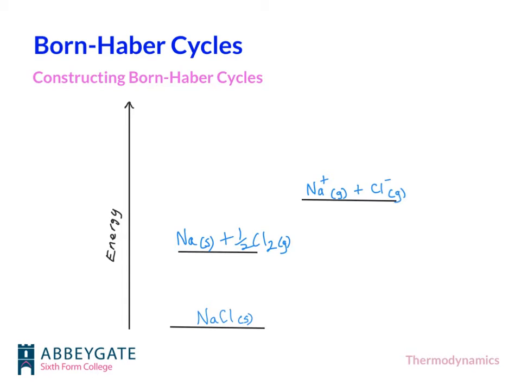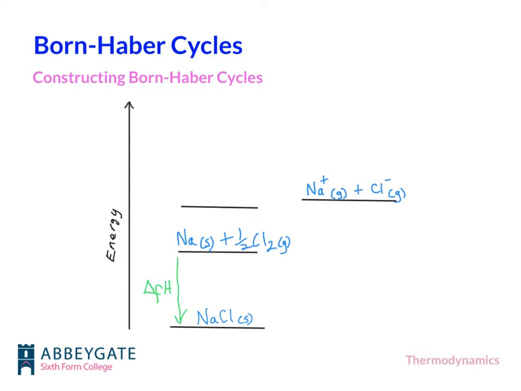So this arrow between the sodium and chlorine would represent our enthalpy of formation, delta fH. If they gave us a value for it, we would be able to know that little part.